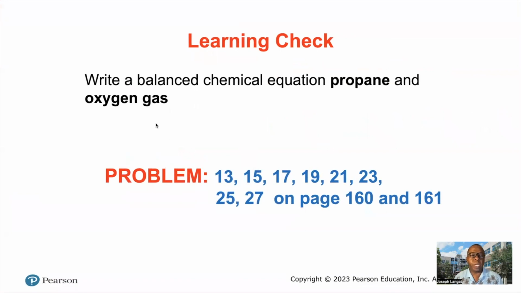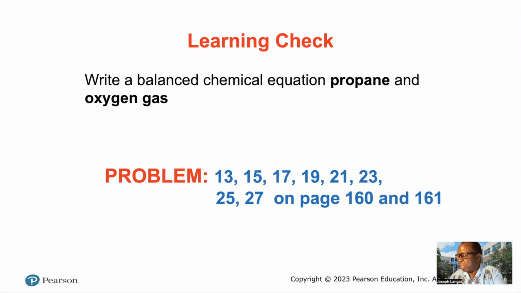Before we move on, let's write a balanced equation when propane reacts with oxygen gas. So here, propane, again, section 3.11, from the last chapter, an organic compound. You should be able to write the correct formula for propane, all right?